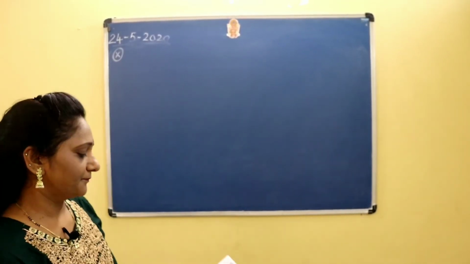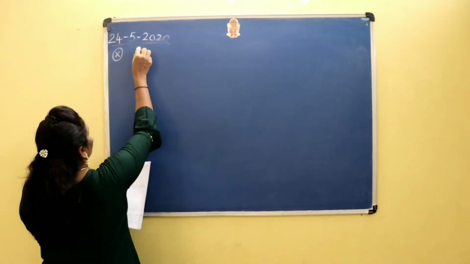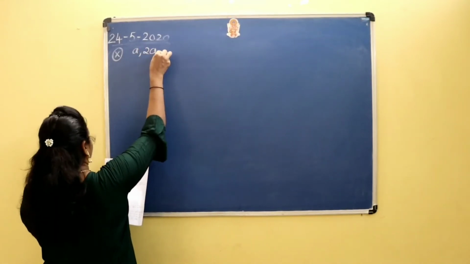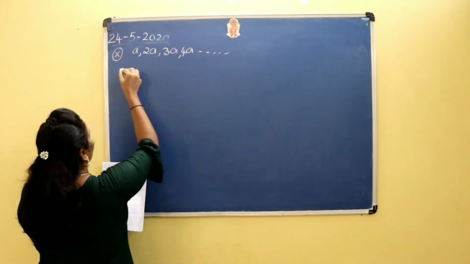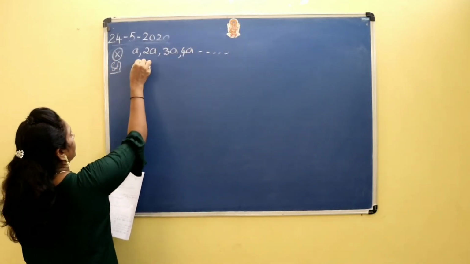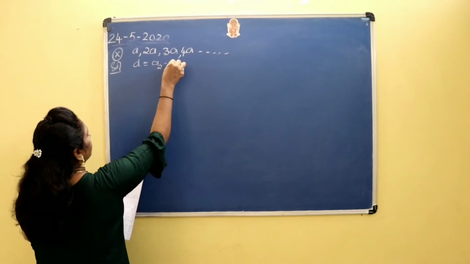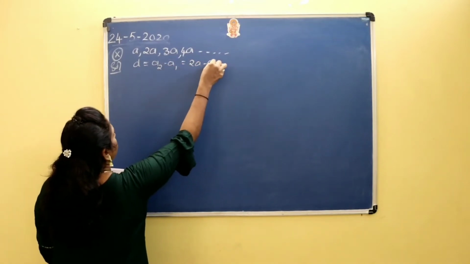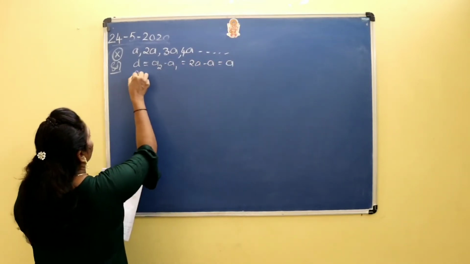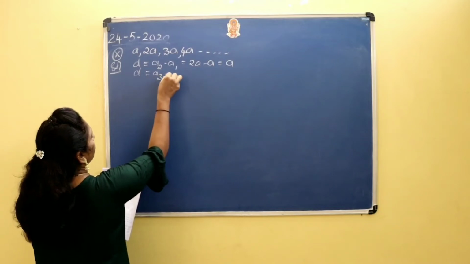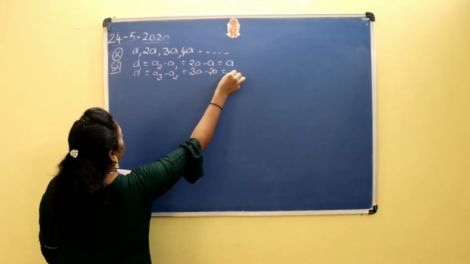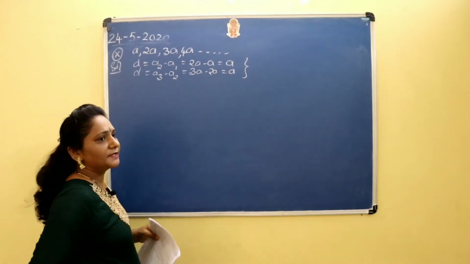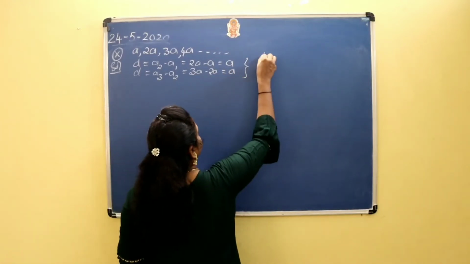The 10th question, the given terms are A, 2A, 3A, 4A and so on. So here D is A2 minus A1, 2A minus A, that is A. Again D is A3 minus A2, 3A minus 2A, it is again A. So here you can see D is constant.